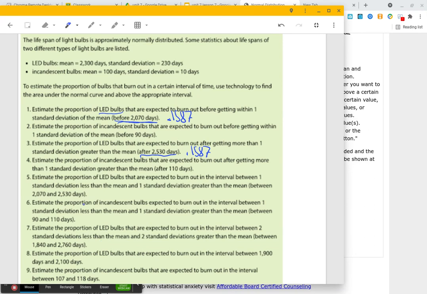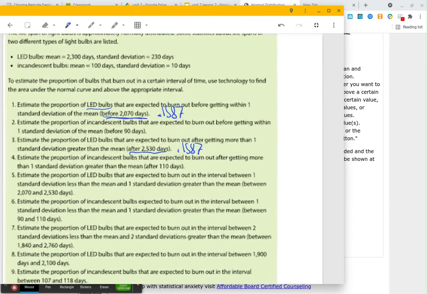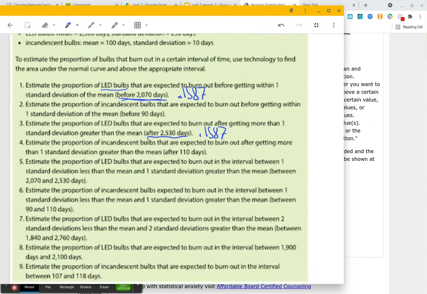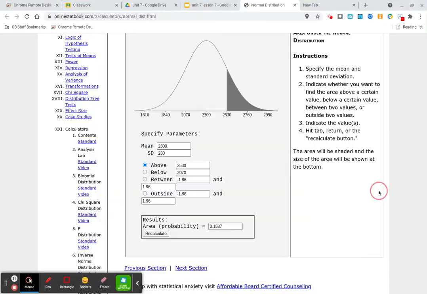What's the next LED bulb question? It looks like number 5. Okay. Estimate the proportion of LED bulbs that are expected to burn out in the interval between 1 standard deviation less than the mean and 1 standard deviation greater than the mean. In other words, between these two values here. So again, we're talking LED bulbs. So mean and standard deviation are going to stay the same.